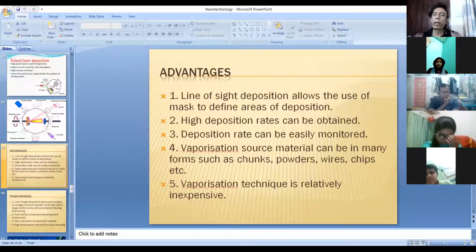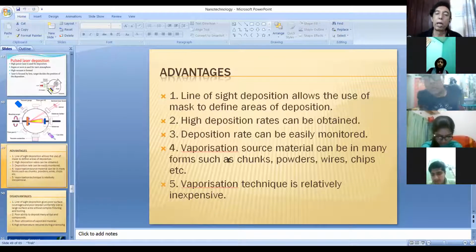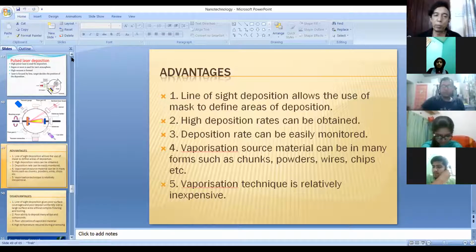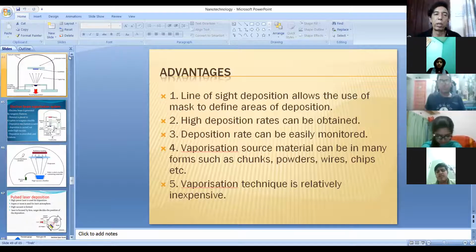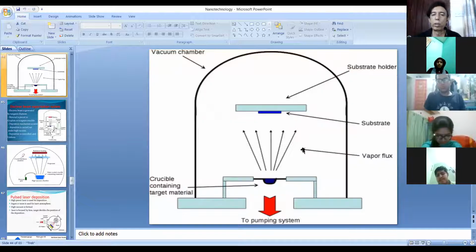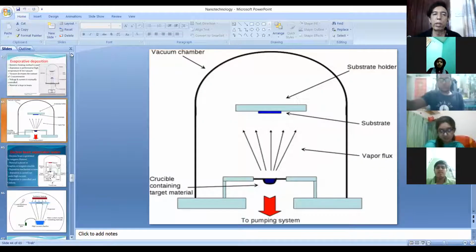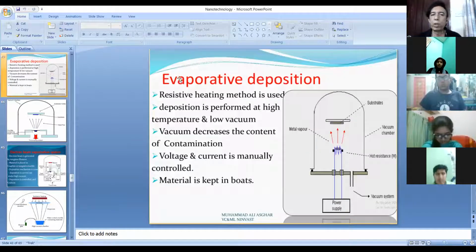You can take the source material in many forms. And the vaporization technique is relatively inexpensive. That means evaporative deposition is relatively inexpensive.